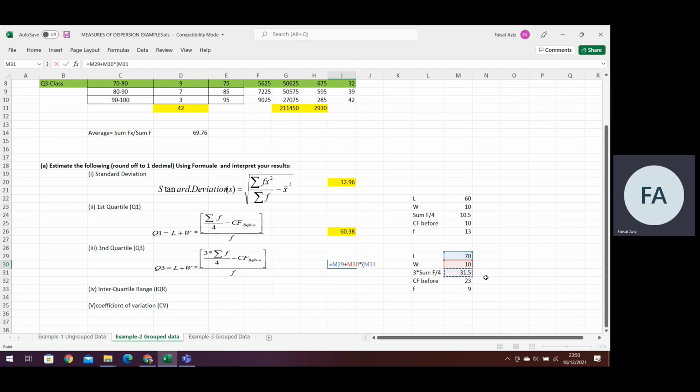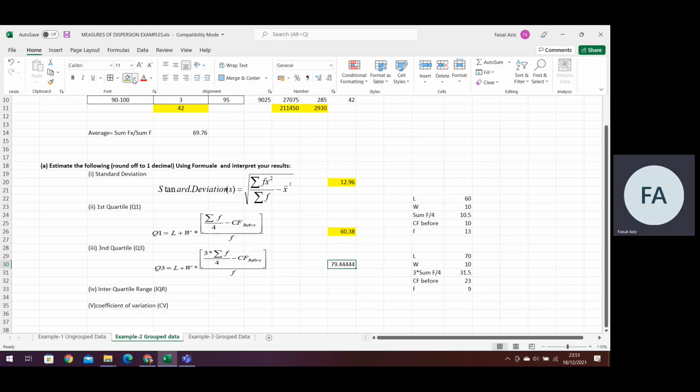So 3 summation f by 4 we have calculated as 31.5, minus CF before, which is 23, and then we need to divide it by the frequency of the Q3 class, which is 9. So click enter. We got this third quartile, 79.44. This I'm going to highlight in yellow, and I'm just keeping its answer up to 2 decimal places.